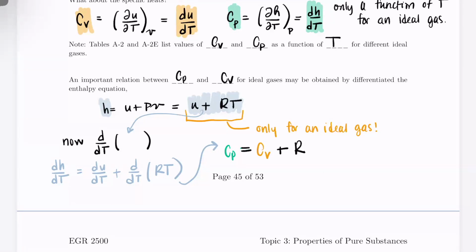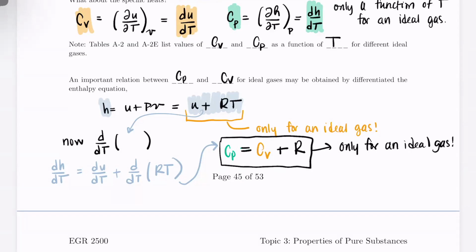So this result only holds for an ideal gas, all right? I'm going to write this probably a million times. So this is only for an ideal gas. For any given ideal gas, we know that R is a constant, right?